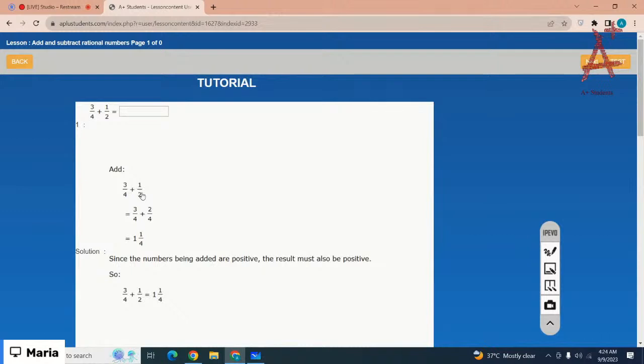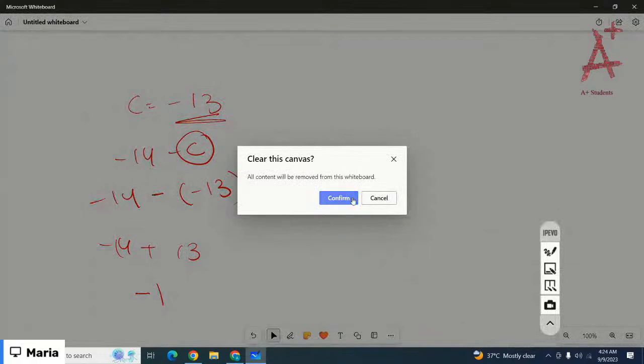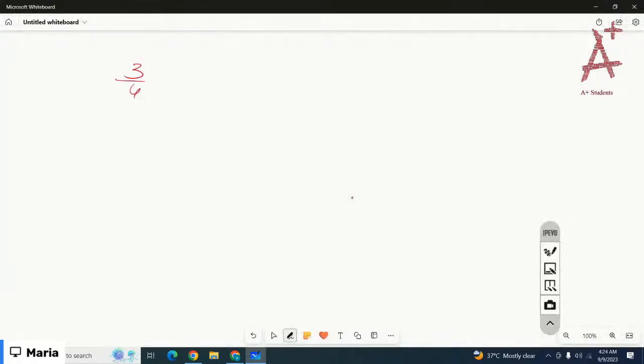You have to do it simply like you do fractions. For the first example, you have to add 3 by 4 plus 1 by 2. Just recall fractions. How do you add 3 by 4 and 1 by 2?